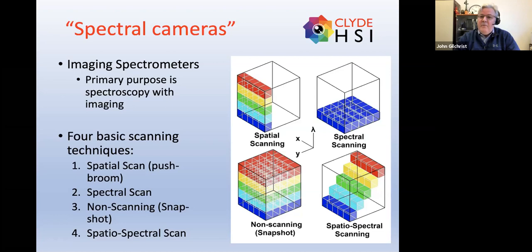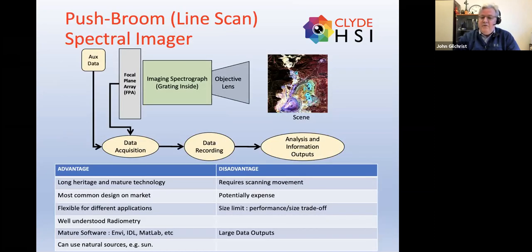In the P4001 group, we very early on made a consensus that we should concentrate on push broom imagers. And the reason for this was that these are the most popular spectral imaging cameras that are used today. Many thousands are deployed each year in many, many applications. And they've been around for more than 30 years.